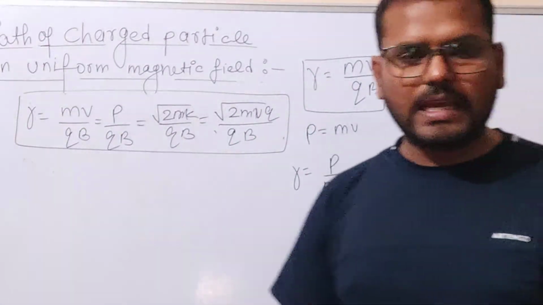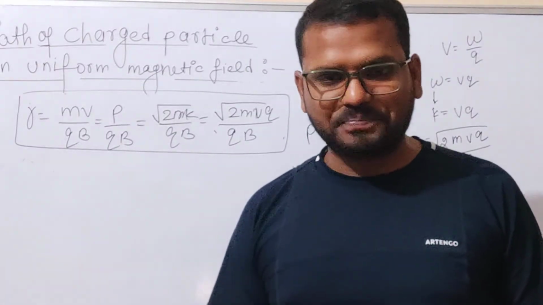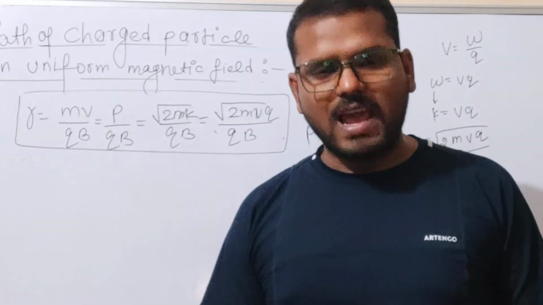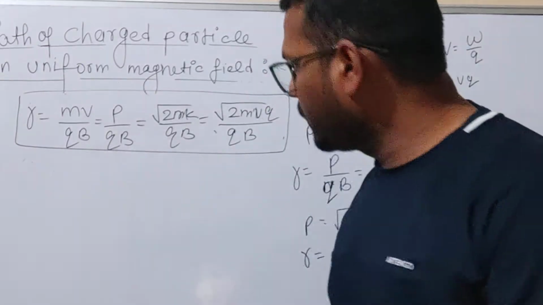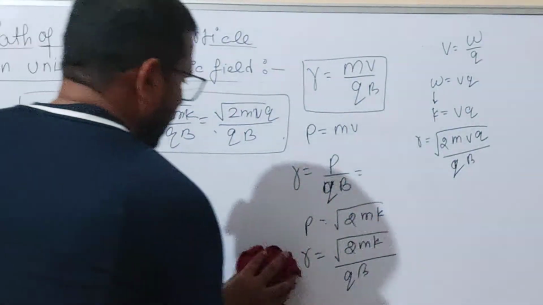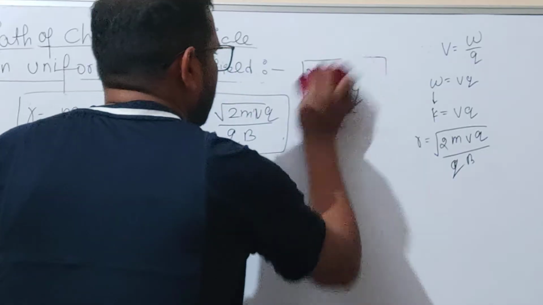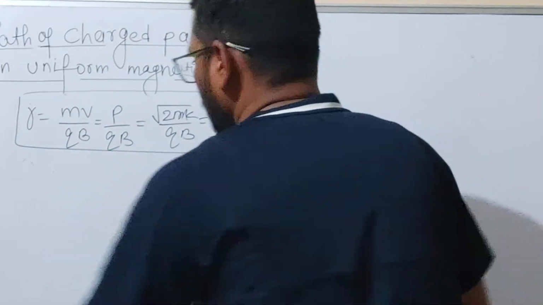Now if it is moving uniformly, it will have a time of revolution, and it will have an angular velocity. So how will we find it?